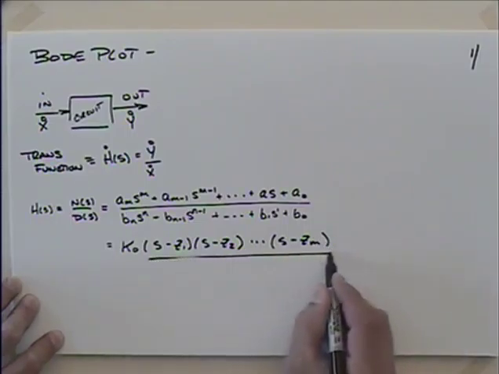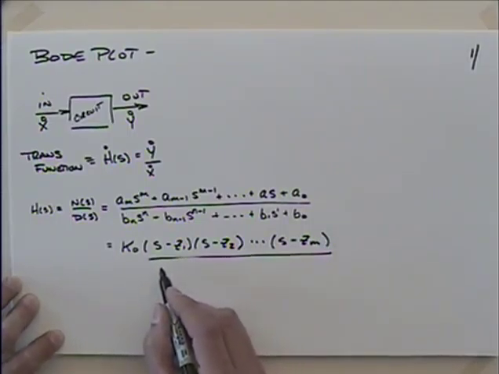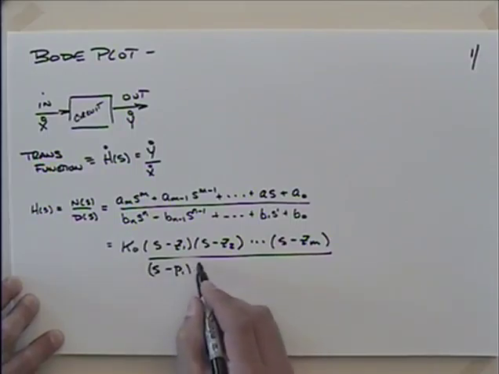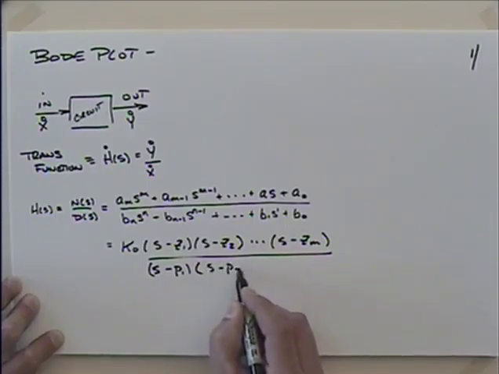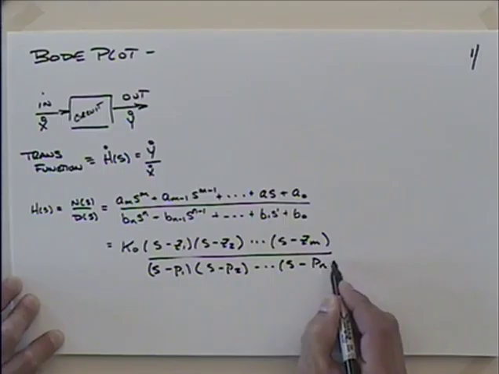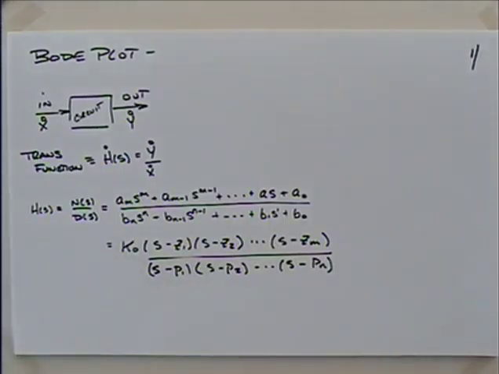And in the denominator, we won't have a constant because we could just combine that with a constant in the numerator and just have one constant. So then we have s minus p1 and s minus p2, and so on, s minus pn. Okay, and that looks pretty mathy. Looks like we've cracked open a math book there.